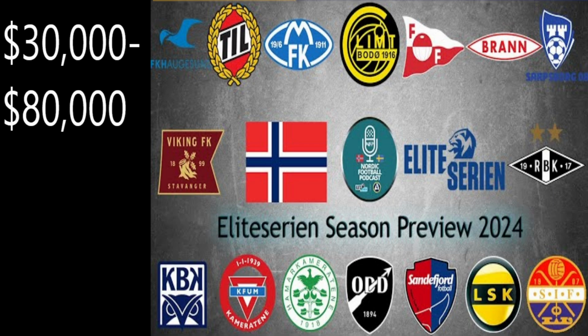I don't know if you can see that. Okay, yeah, there's the Norwegian flag. This is the Elite Serien, is how I read it. Well, anyways, this is the Norwegian League. I believe there's a league with them in Denmark. I don't know if this is the one. It doesn't look like the one.